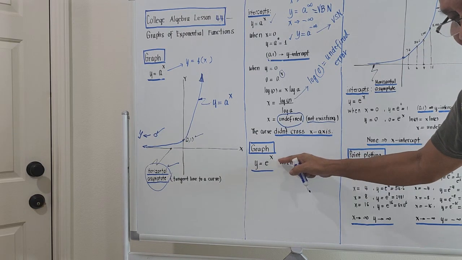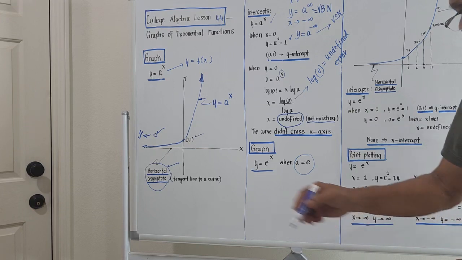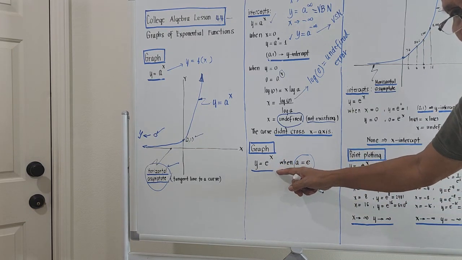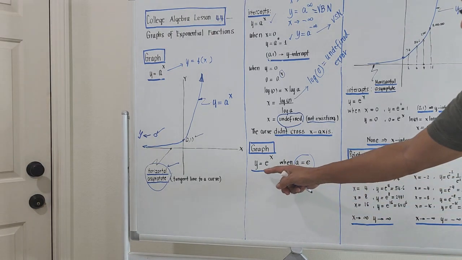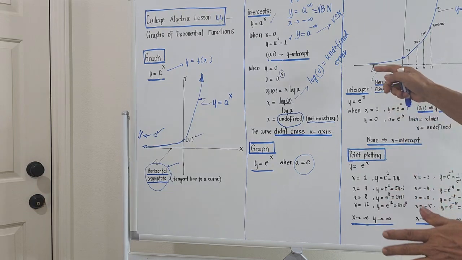Later on, we will be solving a problem under the so-called hyperbolic, and hyperbolic involves e to the x. And what will be the graph of y equal to e to the x? I think the graph will be the same, right?